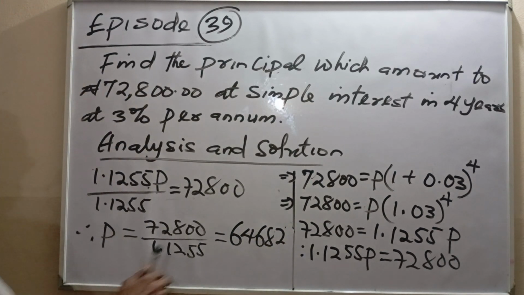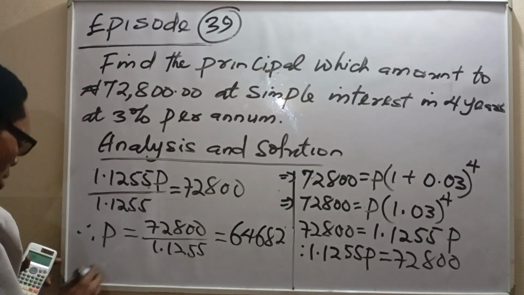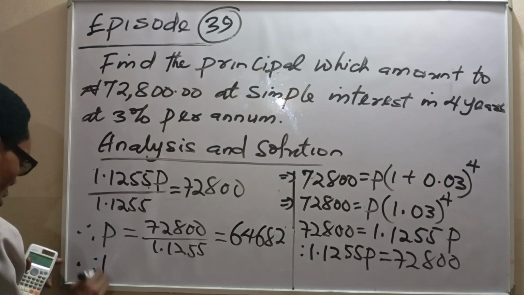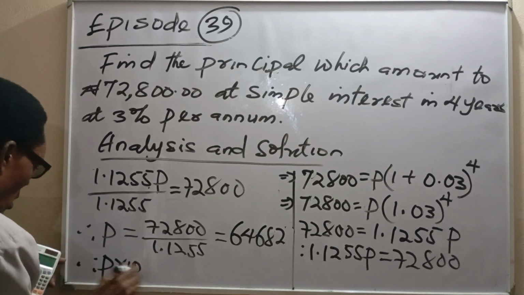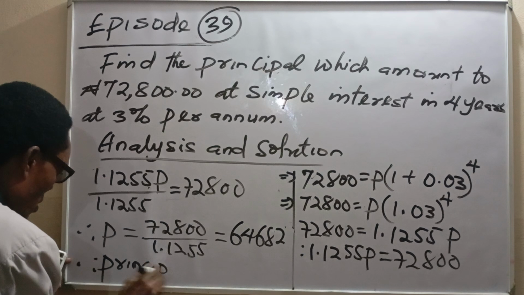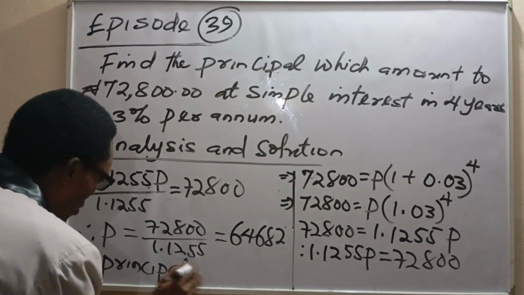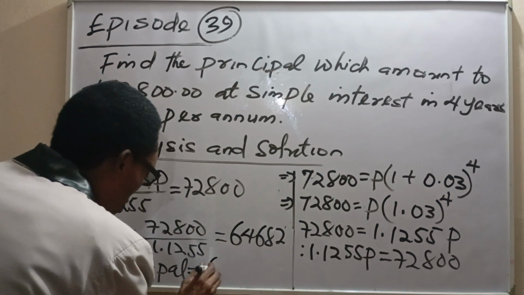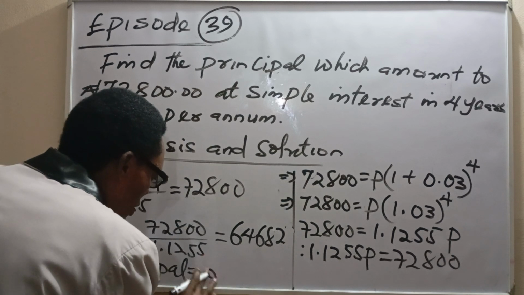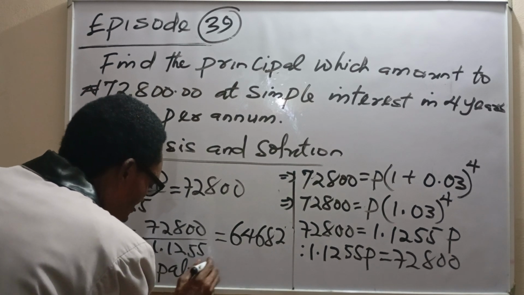Let's take two significant figures. Therefore P, which is our principal, is approximately 65,000.